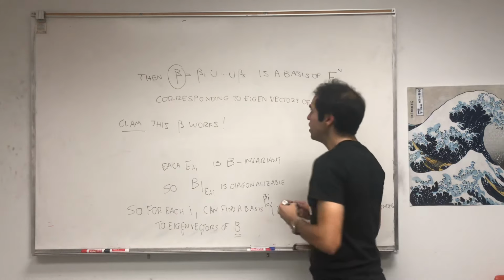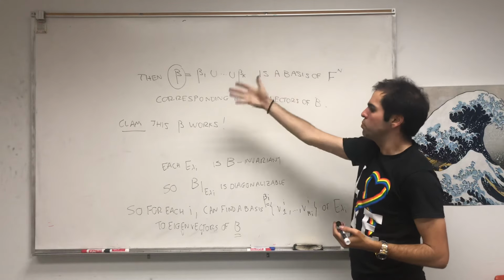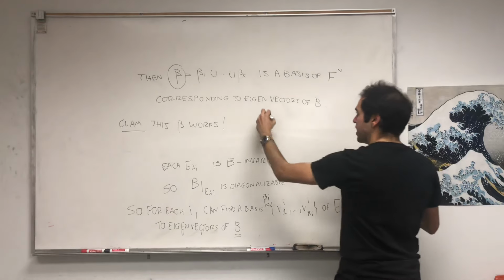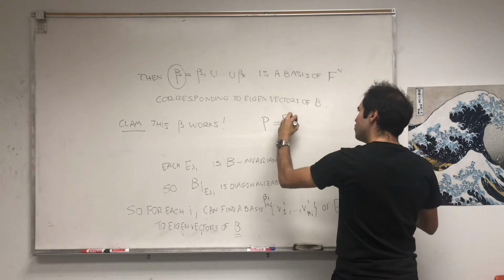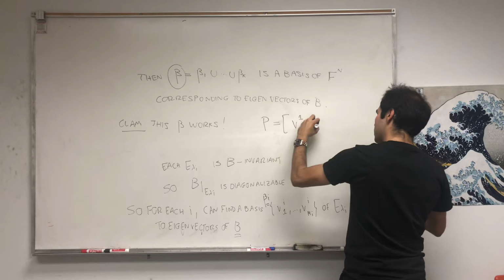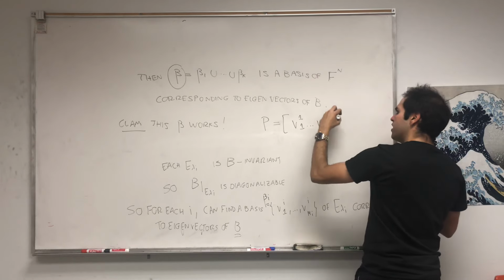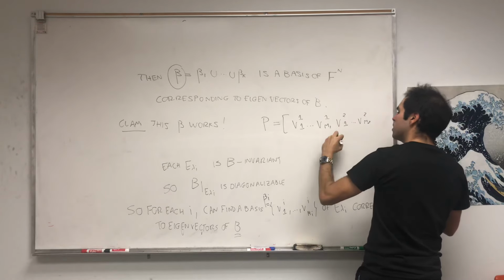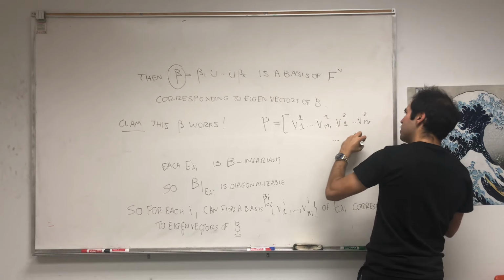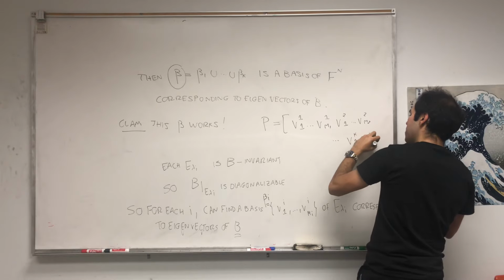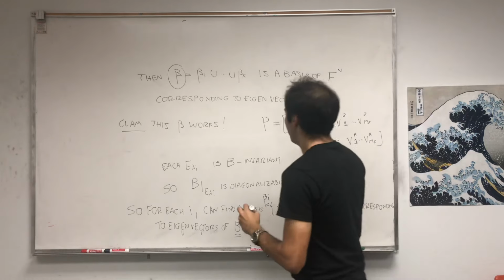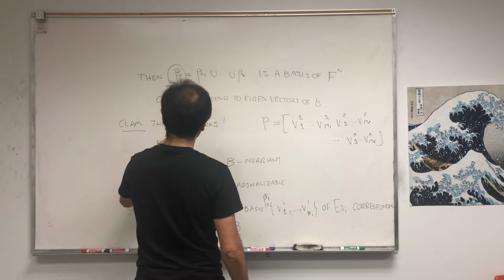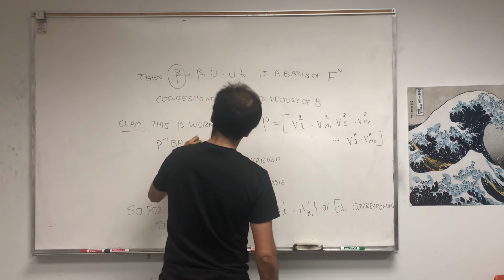So I claim this beta works. And why is that? Because on the one hand, if you just put all those eigenvectors together, that's how you can form your matrix P. P is V1,1 through V1,M1, and then V2,1 through V2,M2, up to Vk,1 through Vk,Mk. And with this matrix, you get that P inverse BP is diagonal.